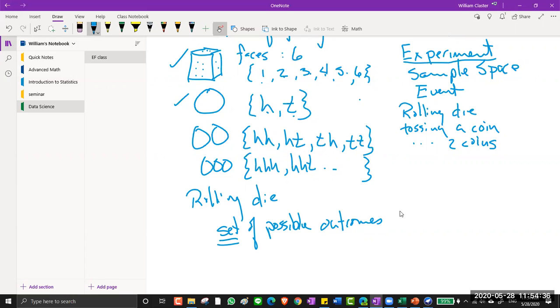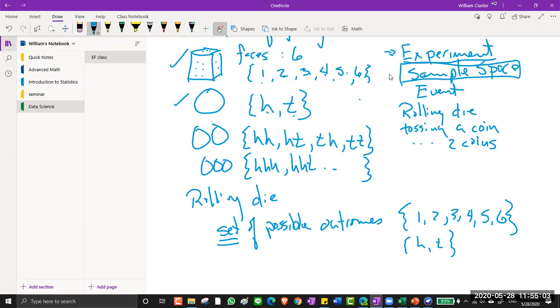We just said that the set of possible outcomes when you roll a die is 1, 2, 3, 4, 5, and 6. And the set of possible outcomes when you toss a coin is heads and tails. That's called the sample space. Okay? So the experiment is the action that you perform, and the set of outcomes that you can get is called the sample space. Okay, so we have those concepts.